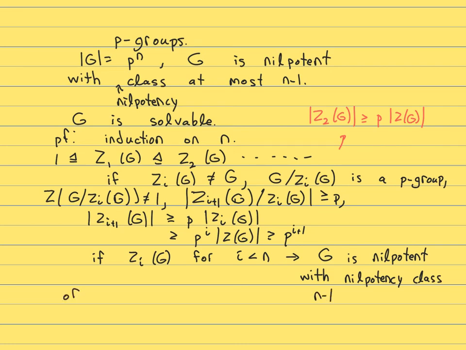Or you're going to end up in the case where Z_n of G has exactly p to the n elements, which means Z_n of G is also G. In this latter case, we're also, of course, assuming that Z_i of G is not equal to G for i less than n. Note, in this bad case, Z_i of G has exactly p to the i elements for all i.